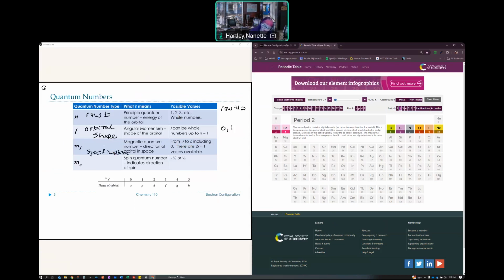So I had an S and a P. My ML values can only be negative L to L. So if it's 0 and 1, give me negative 1, 0, and 1. And that corresponds to the X, the Y, and the Z.